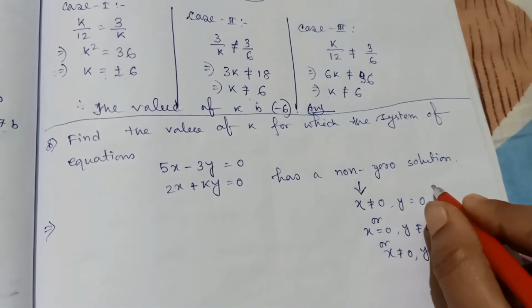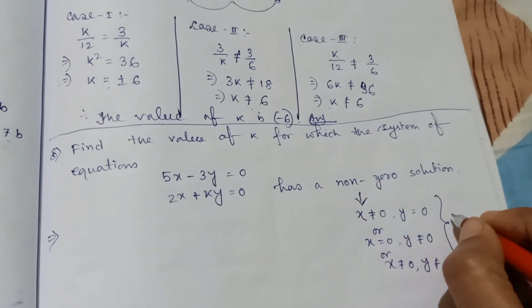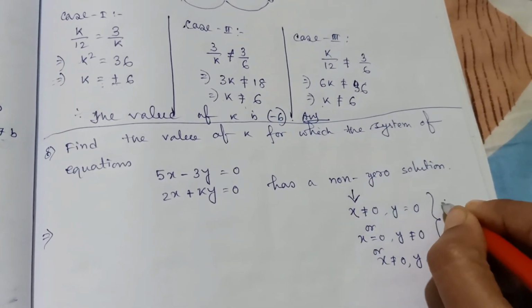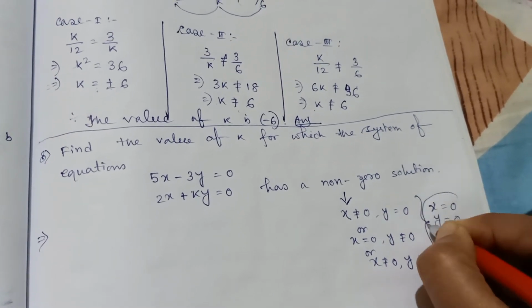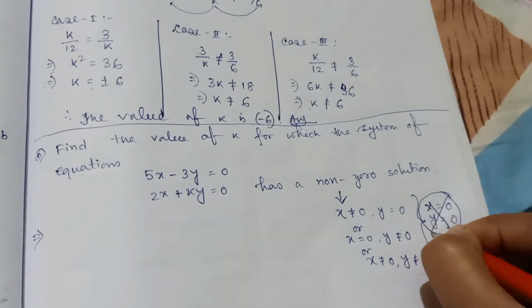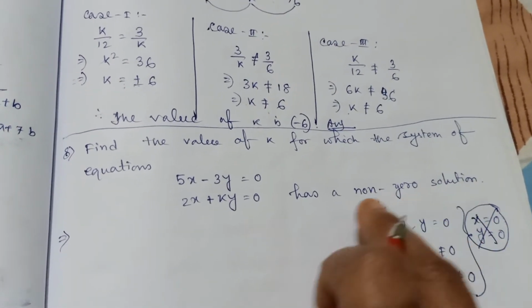Okay, so these three conditions can be valid, but x equals 0 and y equals 0 together can't happen for a non-zero solution.